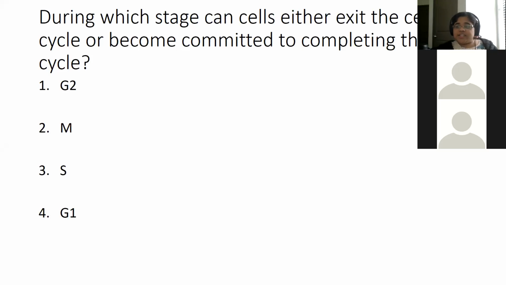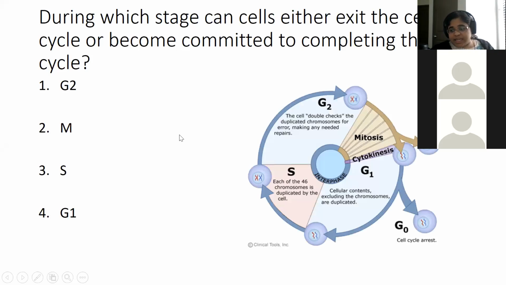During which stage can cells either exit or enter the cell cycle or become committed to completing the cell cycle? That is actually G1, not the S phase. That's when it can get released out of G1 into G0, which is where the cell cycle rests, okay? So that's that question.